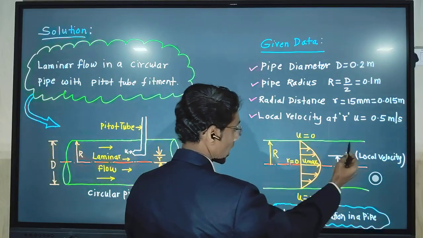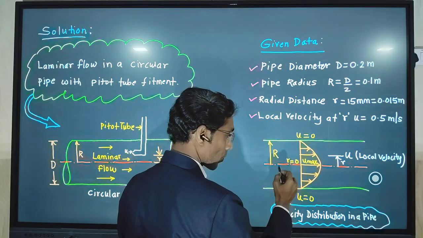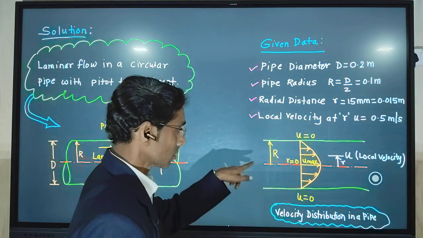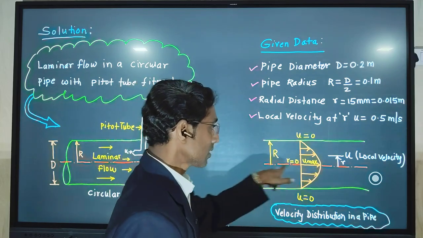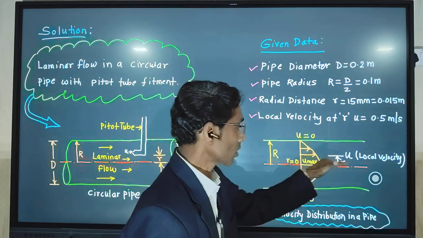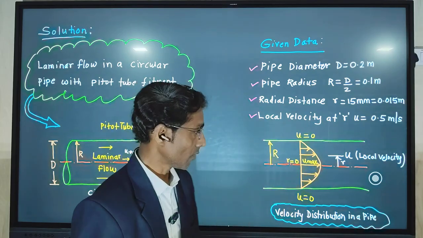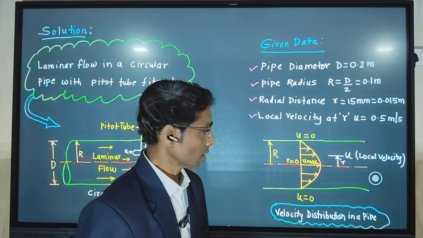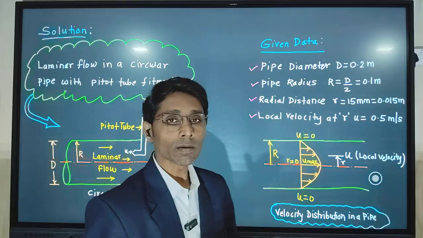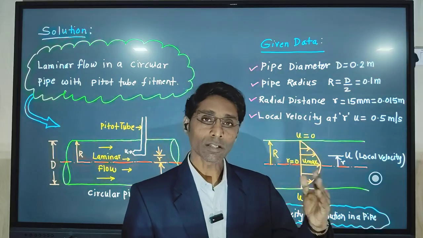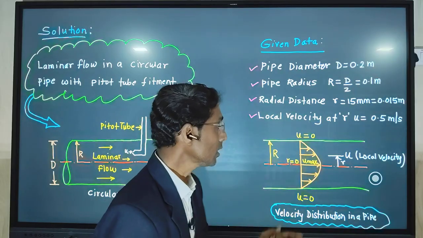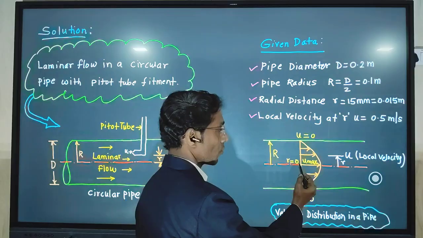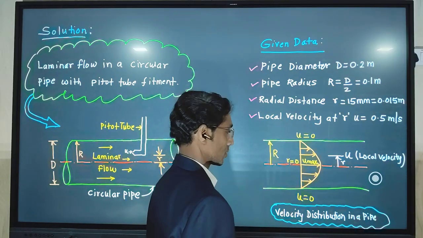So in the pipe, in case of laminar flow, at the axis, that is center line velocity, at the center line here, shear stress, meaning resistance offered by the fluid to its flow, is a minimum. That is why here we find the maximum velocity.